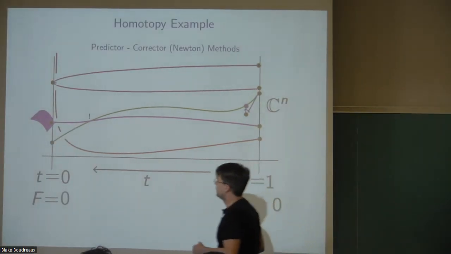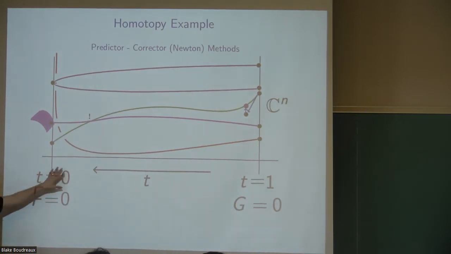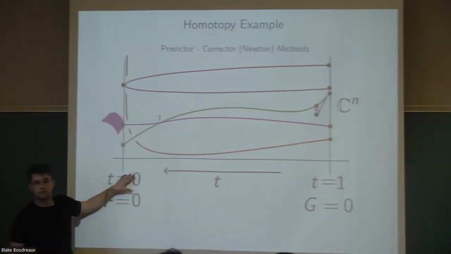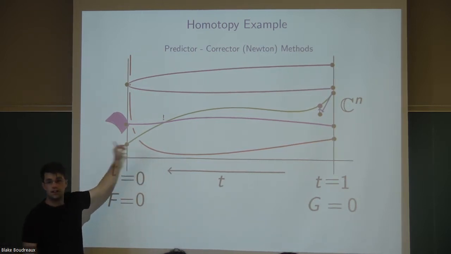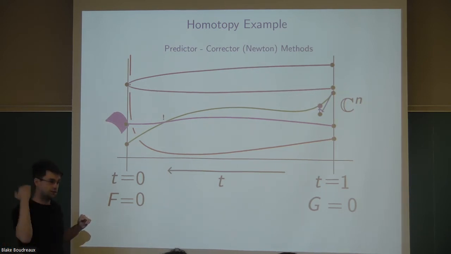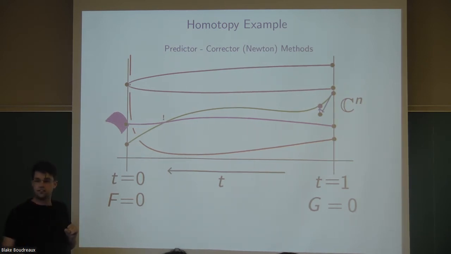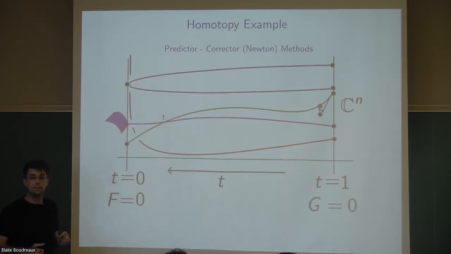Okay. There are issues when paths cross, and there are a lot of issues at the end potentially. So things that could happen at the end is you might have a solution fly off to infinity. Its coordinates might just get really, really, really big, in which case you have to just admit that it's going to infinity after it reaches some tolerance and you give up. You could have a solution moving to a positive dimensional component.